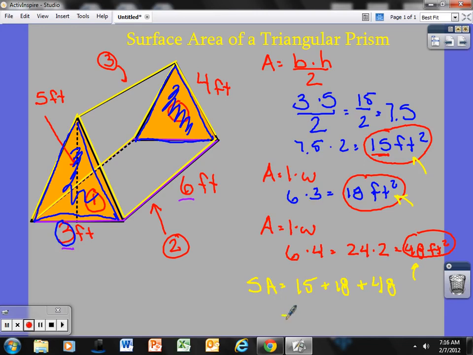Let's see if I can do this in my head. 15 and 18 gives me 33. So that's 33 plus 48. 8, 9, 10, 11. Carry the 1. 4 plus 3 is 7, plus 1 is 8. That is 81 square feet for the total surface area.